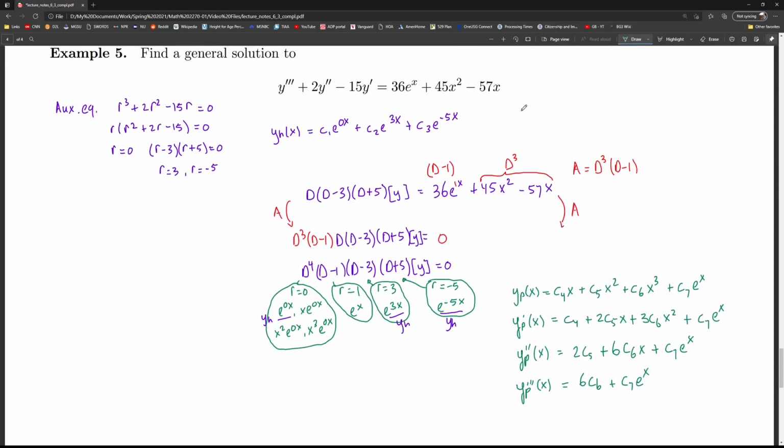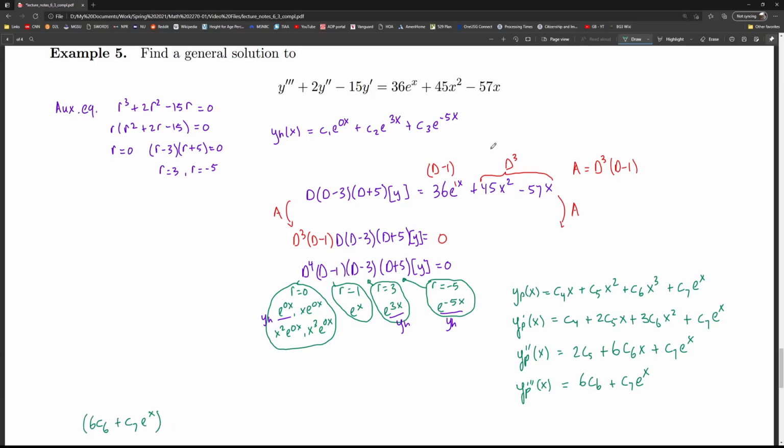And now we want to plug that in here. Okay, so y triple prime, we have c6 times 6 plus c7 e to the power x, right?